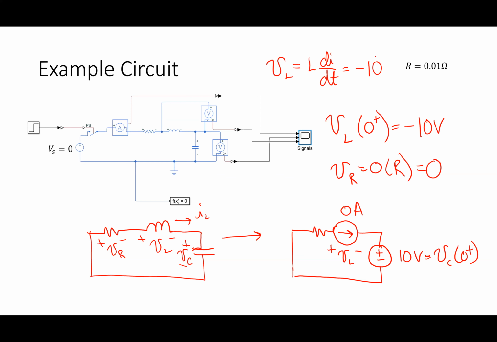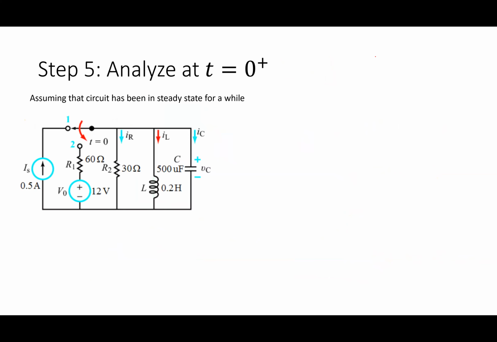So I said inductor current and capacitor voltage always have to be continuous. The other variables don't have to be. Okay, and that's where this gets a little bit trickier. All right, it's not hard, but it's an important thing for us to remember, and we need it to be able to finish solving.